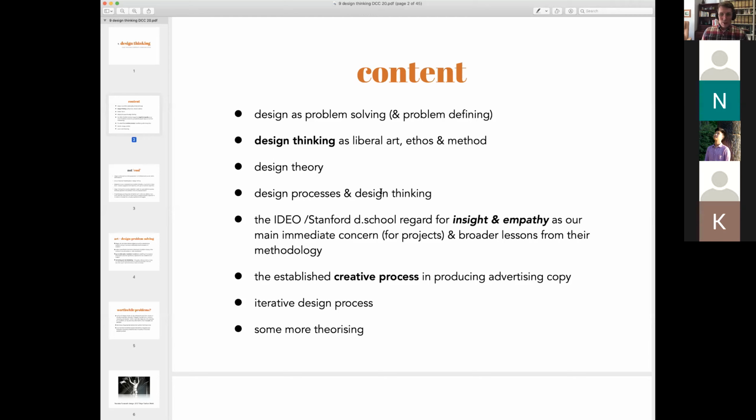So we have to ask ourselves about whether design thinking can be thought of as a liberal art. Certainly it's an ethos, and certainly it's a method. They're more obvious, but there is this interesting question of a liberal art. And I started off this course by dropping an article on you from myself. I'm actually going to drop another one on you with my frequent research collaborator, Jakub Thestrup. He's younger than me. Actually, he was a Sills student quite a few years ago.